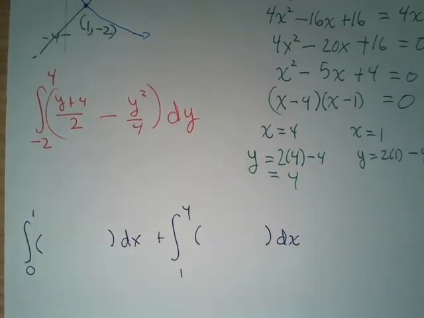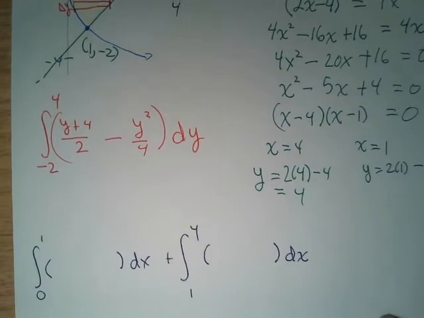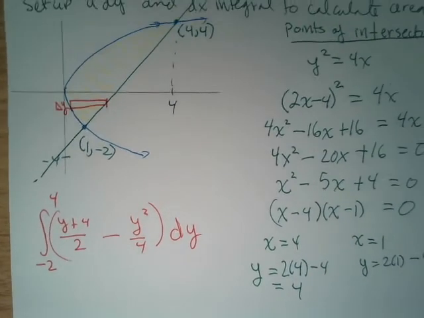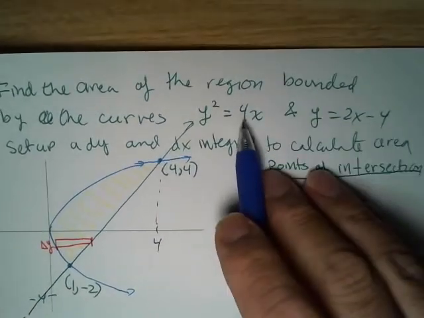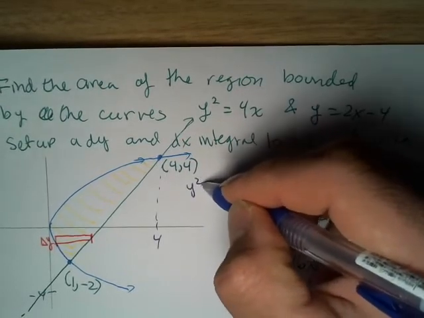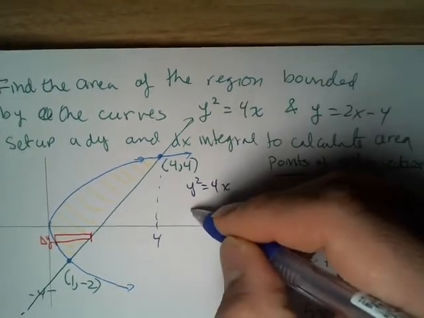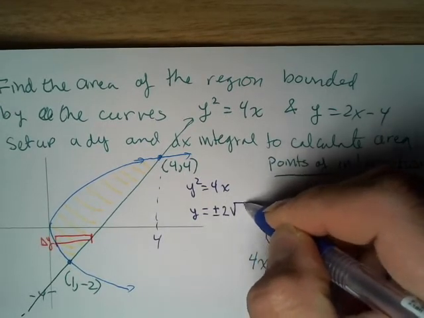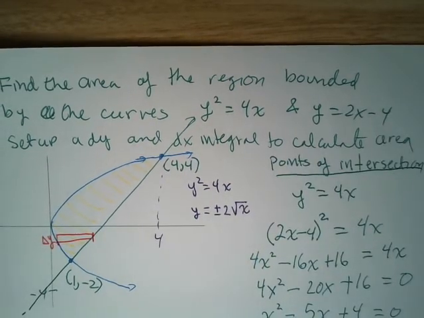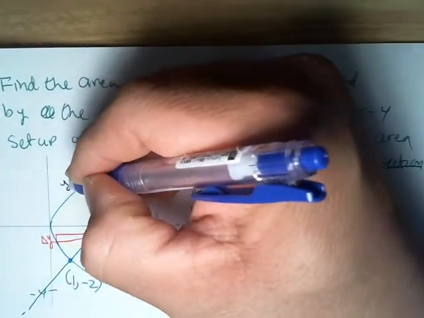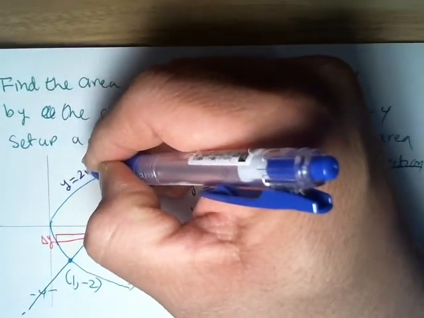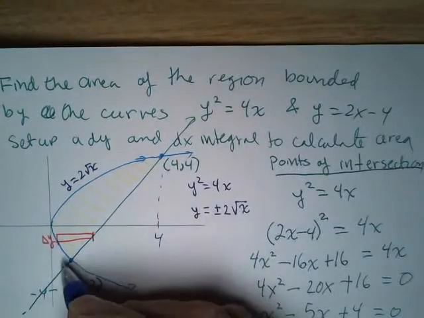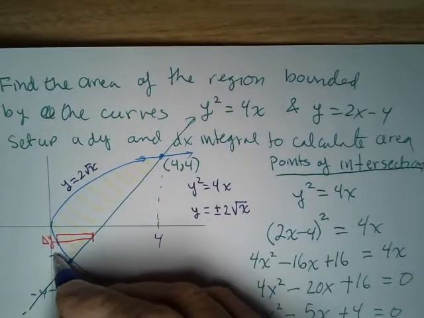Now what is going to be the top curve and the bottom curve? Well, if we have y squared equal to 4x, solving for y, we get y equals plus or minus 2 square root of x. So the top curve is the positive one, and the bottom one is the negative value.